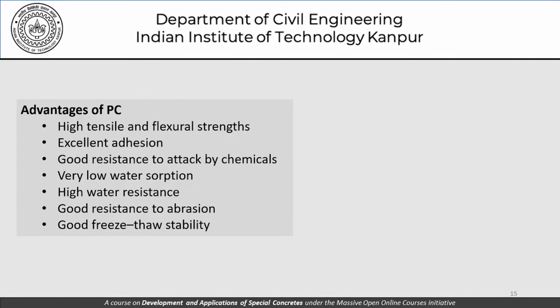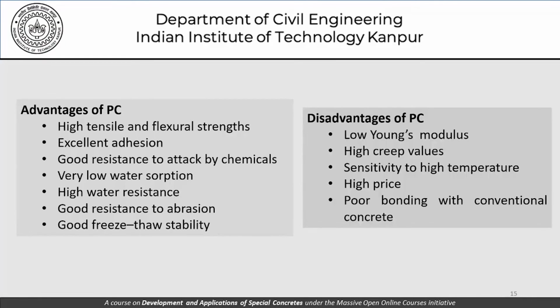But there are disadvantages like the low Young's modulus, high creep values, sensitivity to high temperatures, high price, and poor bonding with conventional concrete. So it is a balance between these two things. The advantages are listed, the disadvantages are listed, and the engineer has to make a considered choice between the two when deciding to use polymer concretes in a particular application.